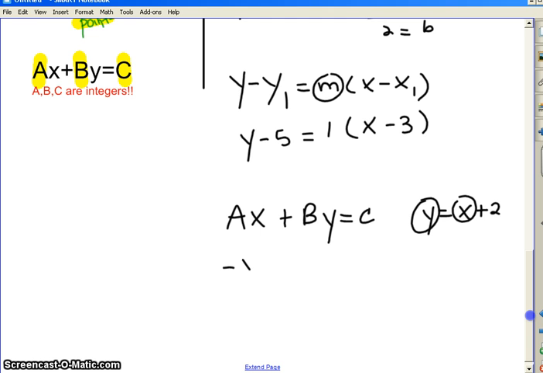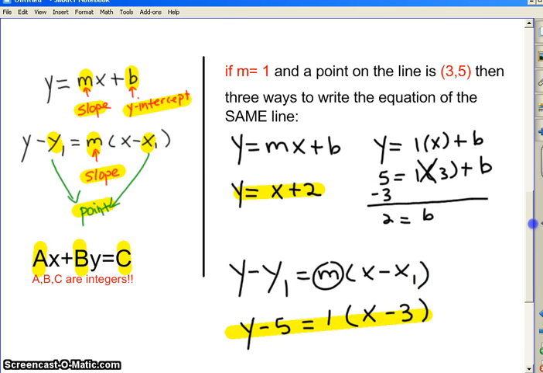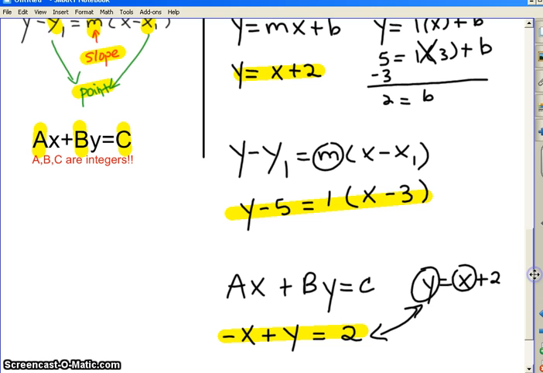So negative x plus y is equal to 2. So this equation and this equation are the same. This is the standard form, this is the point-slope form, and this is the slope-intercept form of the same equation.